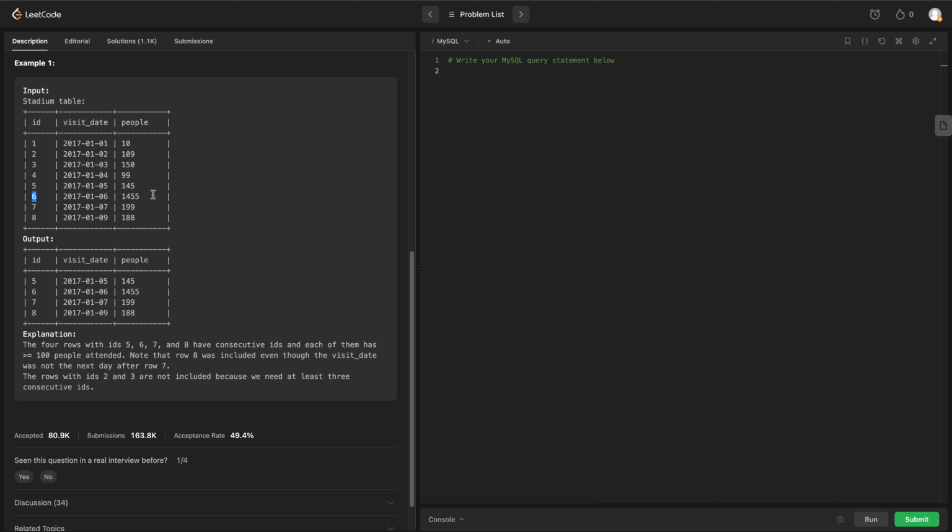If you consider row number 6, 1455, it's more than 100, and 199, it's more than 100, and 187, it's more than 100. So we can include 5, 6, 7, 8. So if you consider the unique values, we'll be taking 5, 6, 7 and 8 in our output, because these are the rows where the consecutive numbers of people are more than 100 for at least 3 rows. So this is the problem statement.